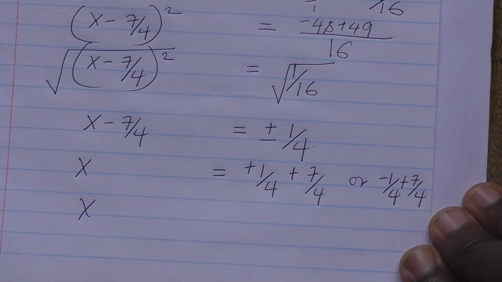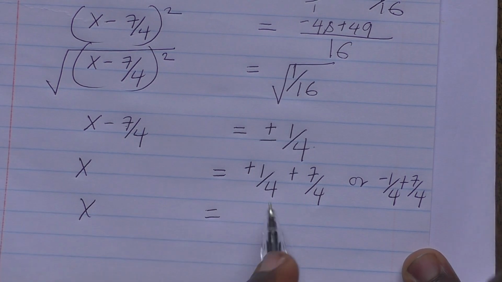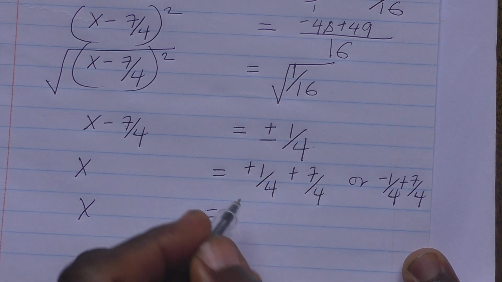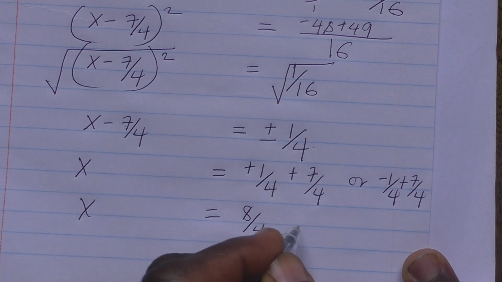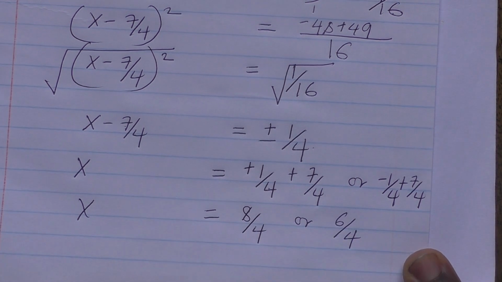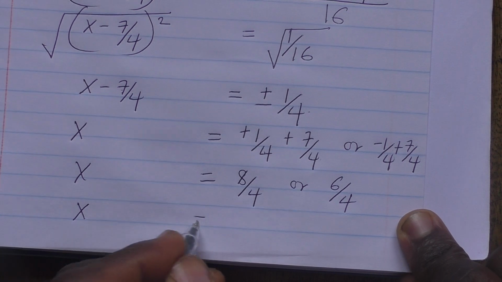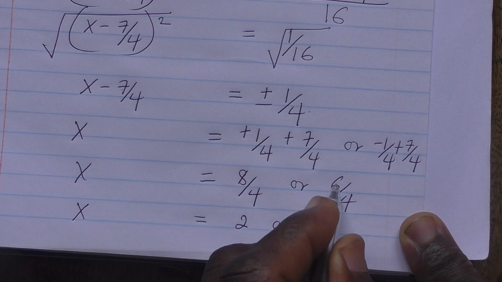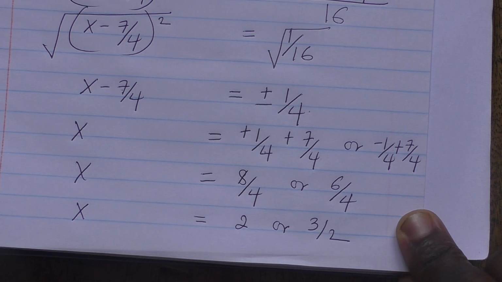When the denominators are the same, we add the numerators. That will give us 8/4, or 6/4, which gets us x as either 2, or when we simplify by 2, we get that.